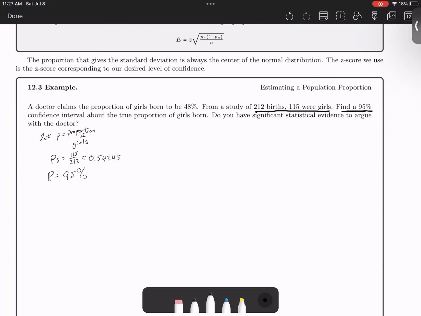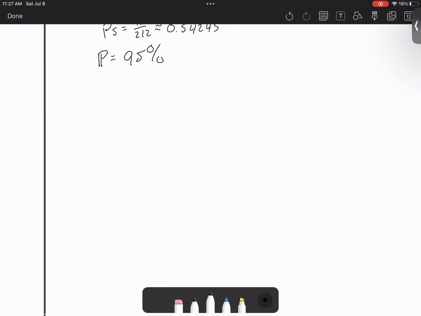Okay, now let's go through this. Every time you estimate a parameter, you immediately draw a distribution. In this case, we're estimating proportions, so we're going to draw a normal distribution, and the best guess is our sample data.